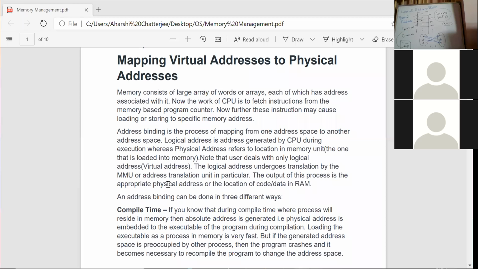And physical address means the address that refers to the actual location in the memory. That is physical address.